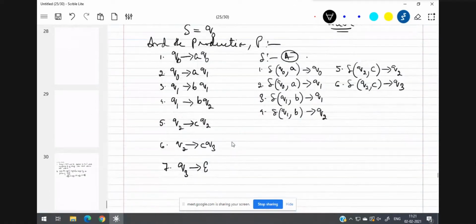I have already told you Q naught is the start symbol in this case. You have to start from Q naught. Let me start with A Q naught. Our target is to derive AABC from the given grammar. Then again Q naught, using production rule number 1.